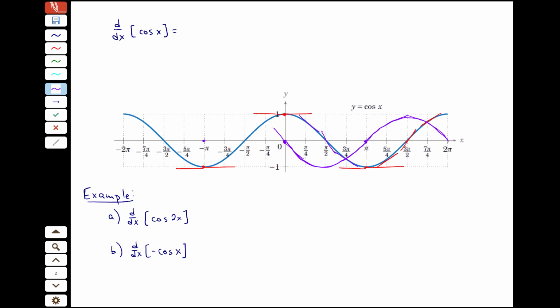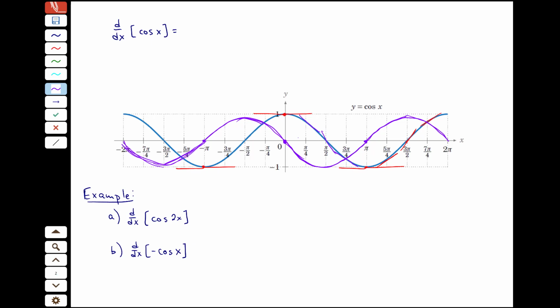And if I keep doing that between each of these roots, this is what the derivative is going to look like. Again, just taking the slopes of the tangent lines and translating those into values of a function. Now, this is not y equals sine x. If you remember, y equals sine x starts at 0, but then it increases to 1 before it goes back to 0.